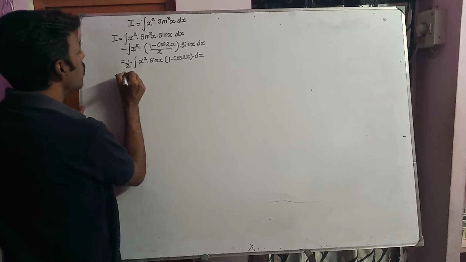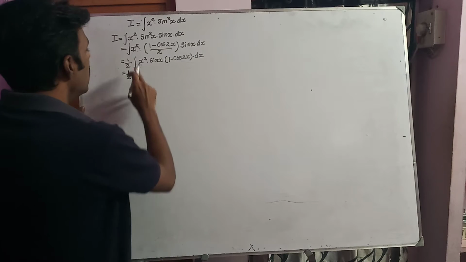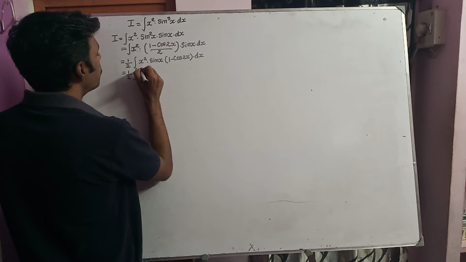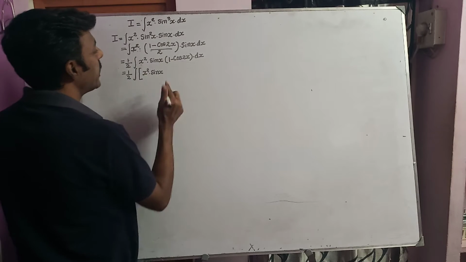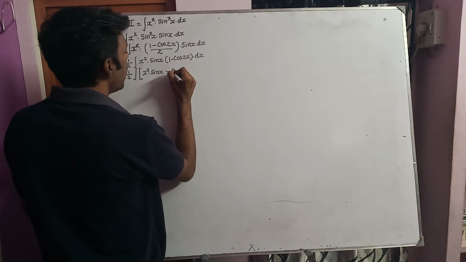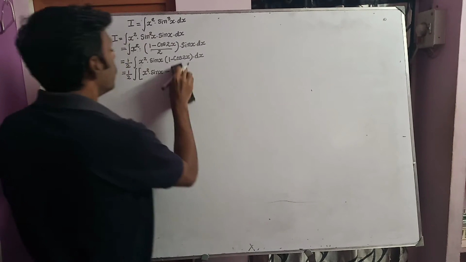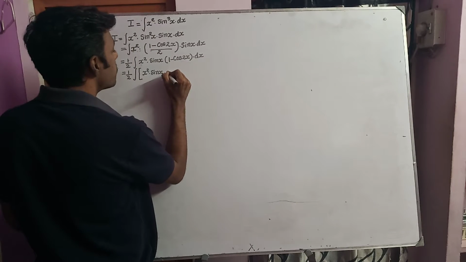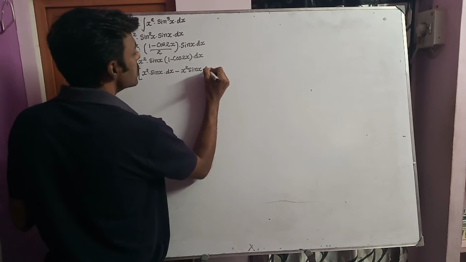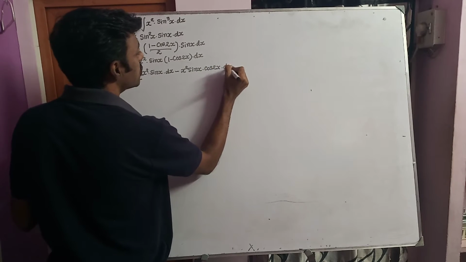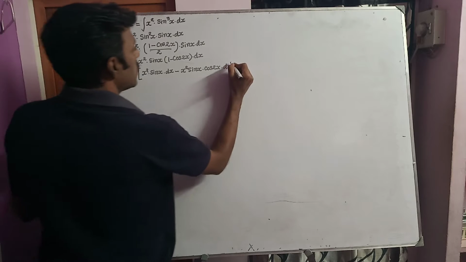So that will be equal to 1 divided by 2 into x squared sine x into dx minus x squared sine x into cos 2x into dx. So this comes under the bracket.